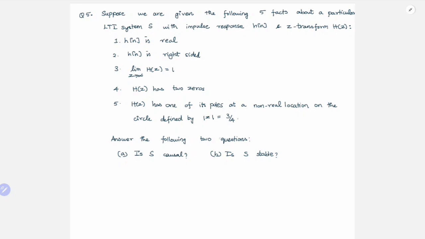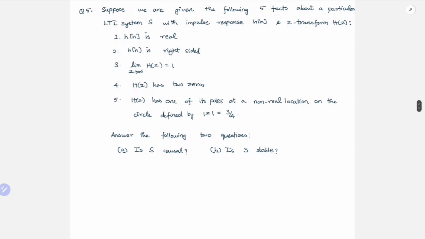Answer the following 2 questions. Is S causal? Is S stable? So they are asking, given some set of facts about the system function and also the impulse response, if the system is causal and stable. So let us go one by one.